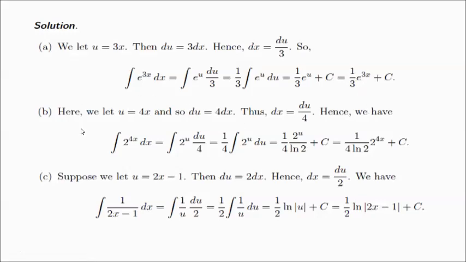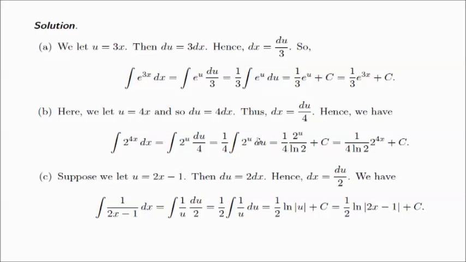And then, sa B, so yung u natin is 4x and then du is equal to 4dx. Then dx equal to du over 4. Okay? And then isub. Ngayon dito, meron din siyang lumitaw na constant, 1 over 4.